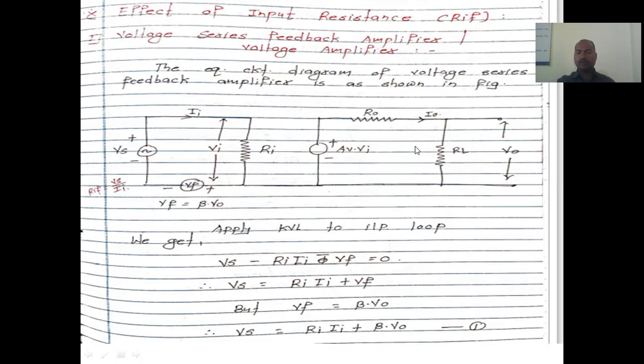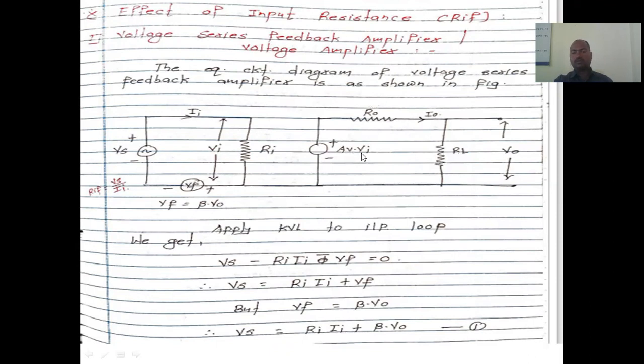So when we apply the voltage divider rule, the term coming across here is RL divided by RL plus R0 into AV into Vi. Why does it come? Because this is the statement of the voltage divider rule: this resistance divided by both resistors into AV into Vi.